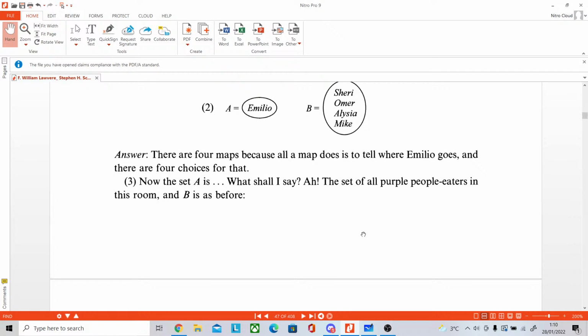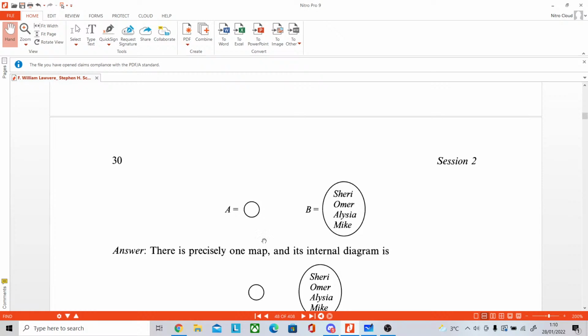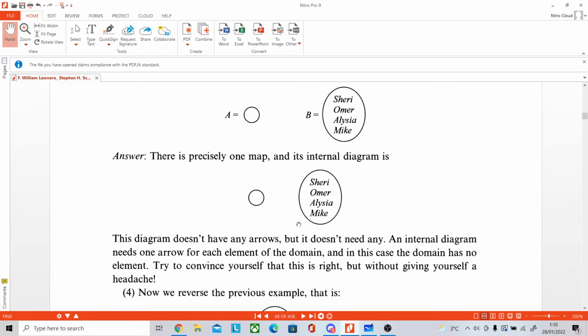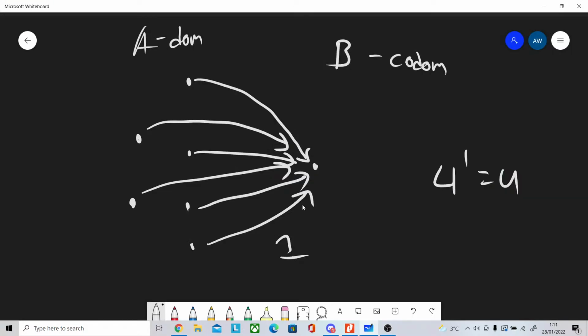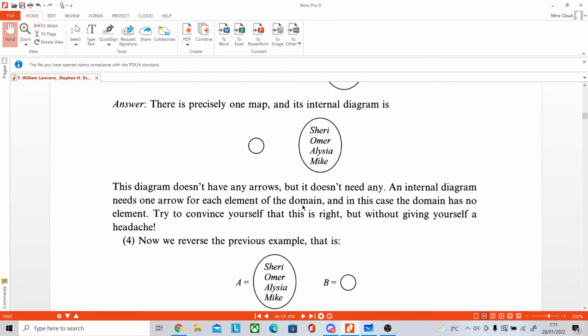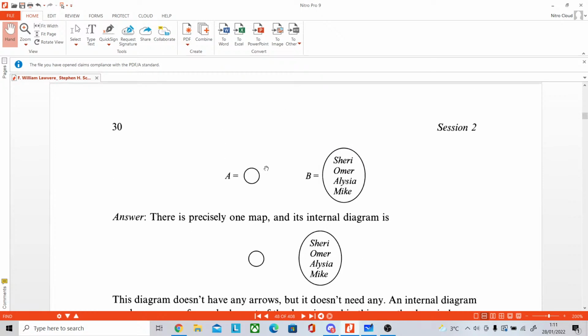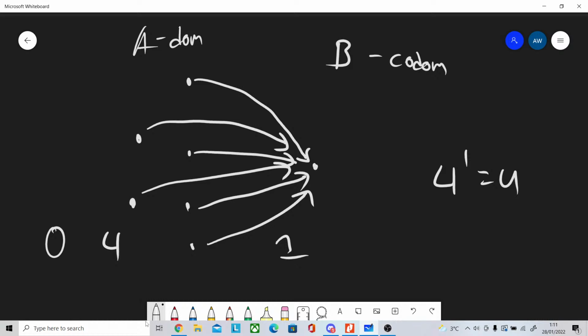And of course there are no purple people eaters. So this set will be empty. And this diagram doesn't have any arrows, but it doesn't need any. So basically it's 0 and 4.